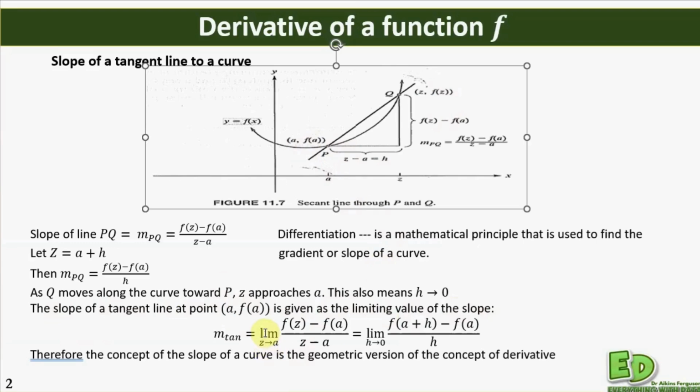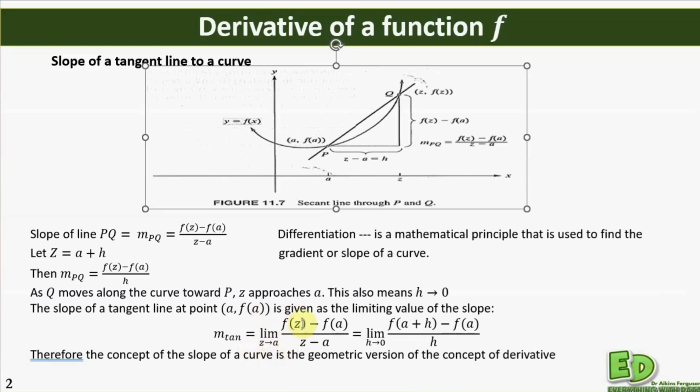Okay, so we say that to find the differential or the derivative of any given function, say 2x, dy over dx is equal to the limit as z approaches a. Take note, z approaches a is the same as h, which is the horizontal distance.